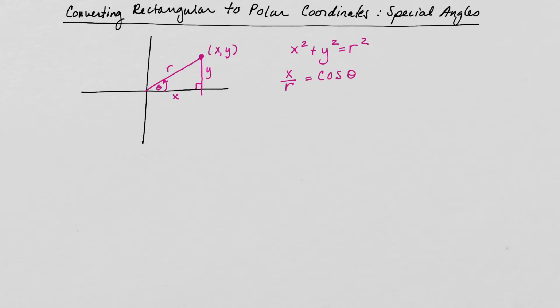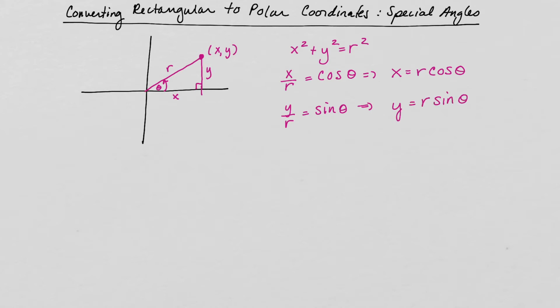So this tells us that x is equal to r cosine theta. And then y over r has to be equal to the sine of theta because it's the opposite over the hypotenuse. And so that tells us that y is equal to r sine theta.